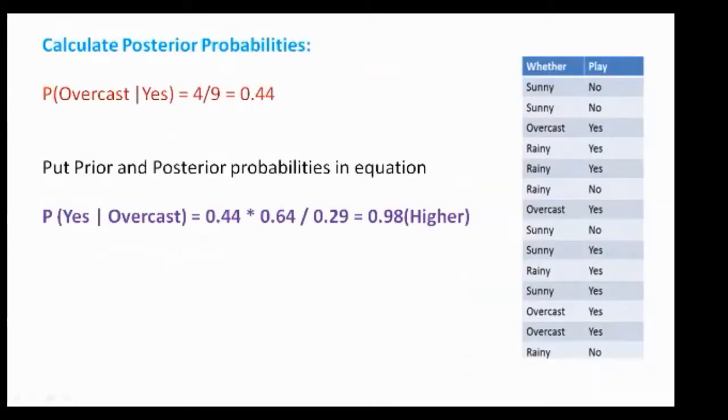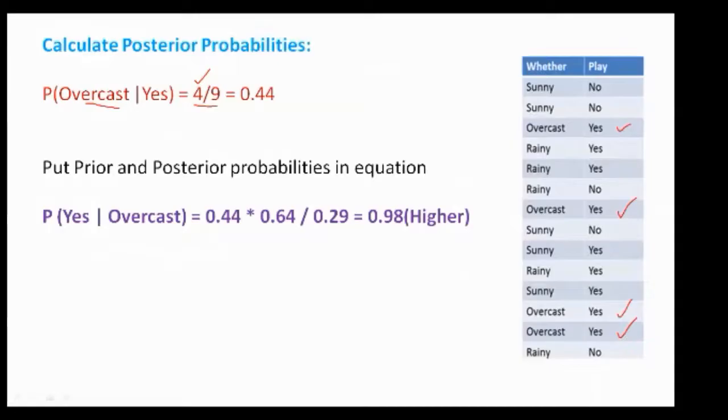So probability of overcast given S, that means how many times S is there for overcast. So here there are 4 rows for overcast, and for all of these four rows the output is S. So S is 4 times for overcast.